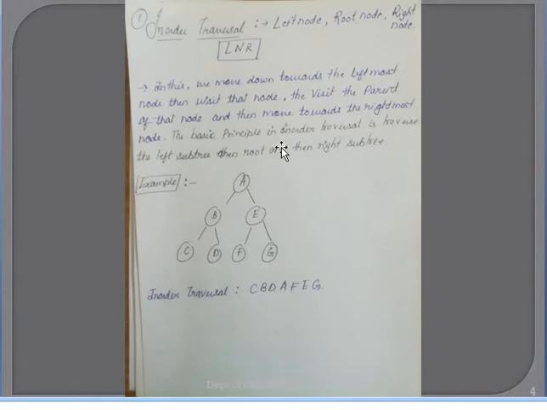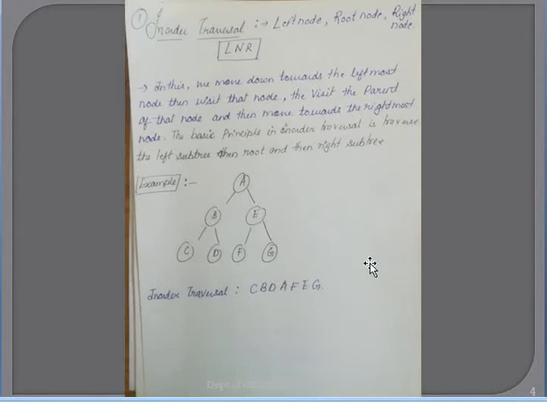If we consider this tree, in the in-order traversal we first visit the left child node, then the root node or parent node, then the right child node. So F, E, G, that is the left child, parent node and the right child.